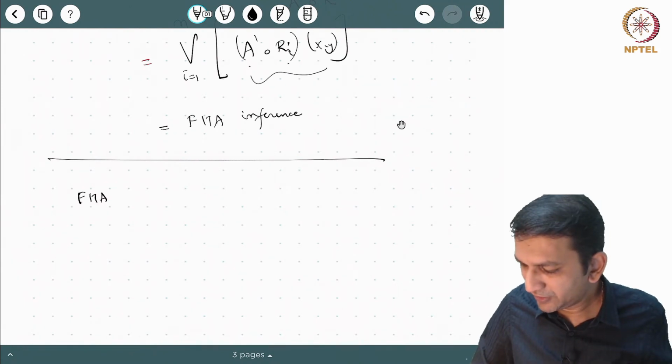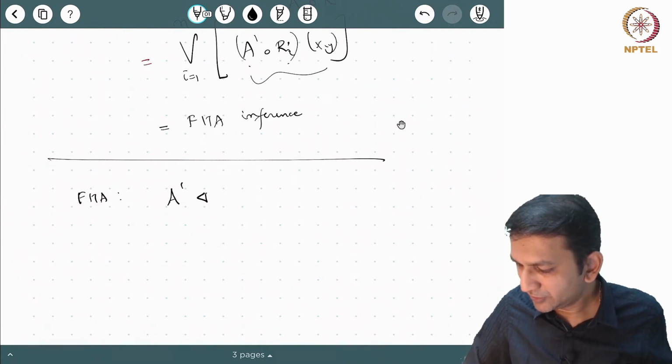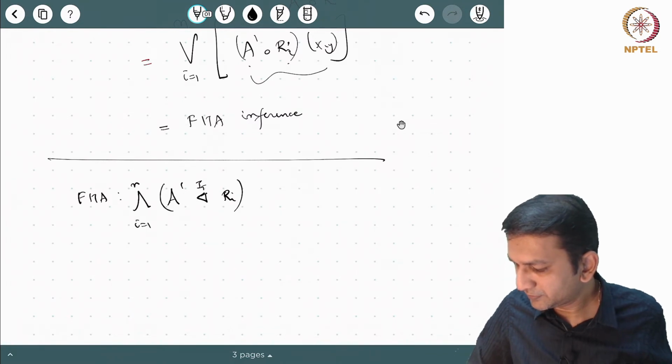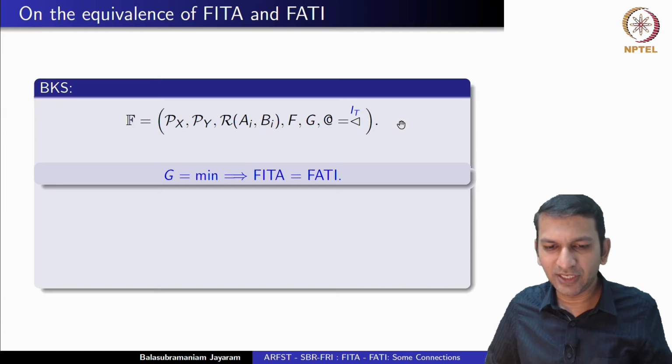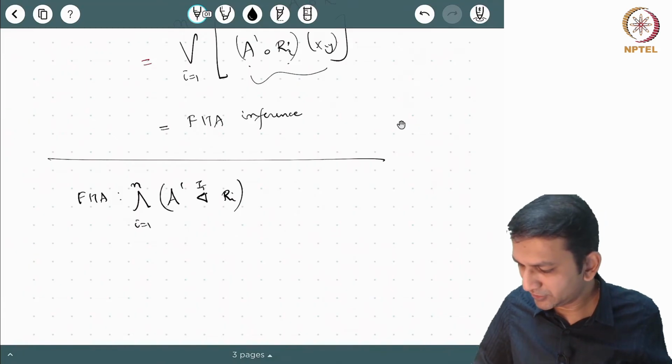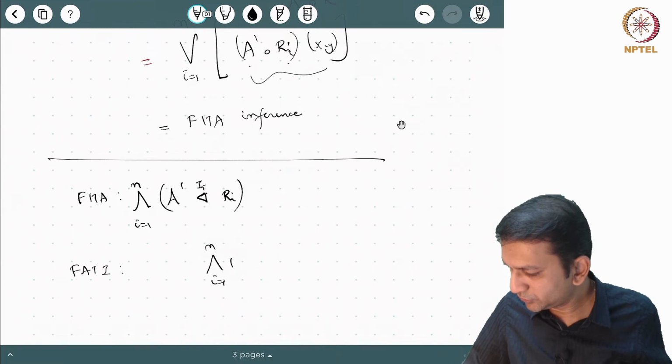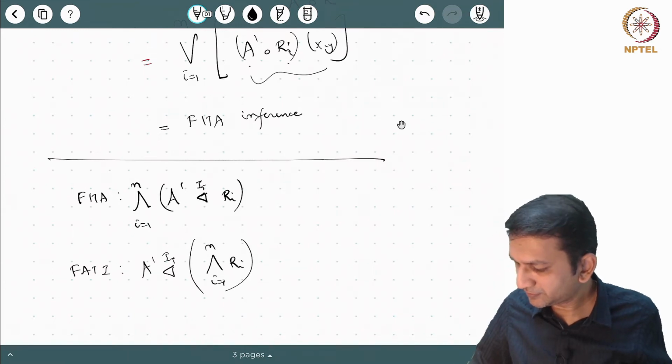The FITA inference is A dash composed with each of the Ris, and then we are taking the minimum of them because G is min here. That's the aggregation. FATI is about first composing all the relations using the aggregation and then applying the IT.